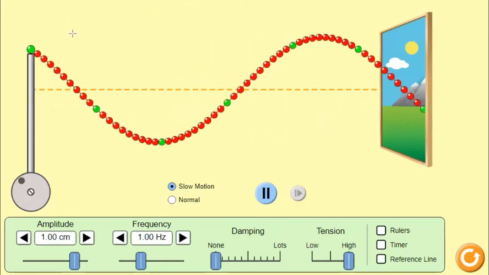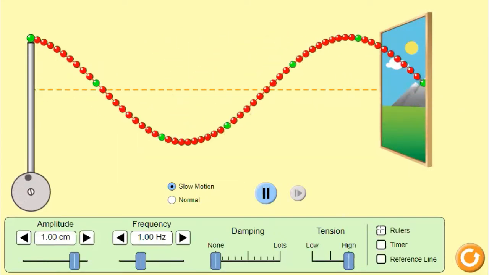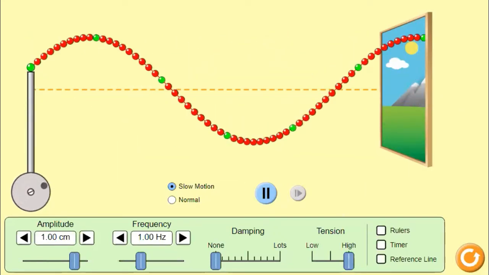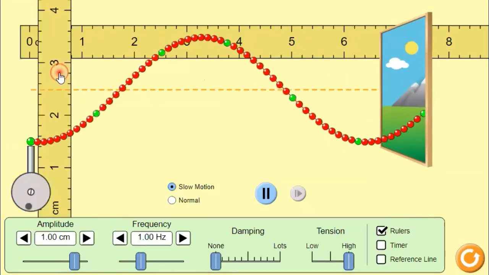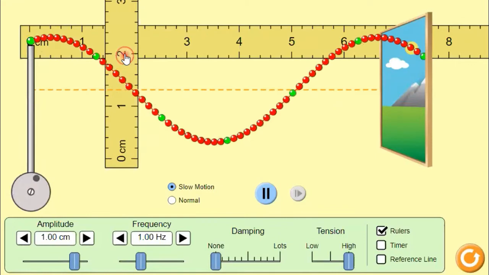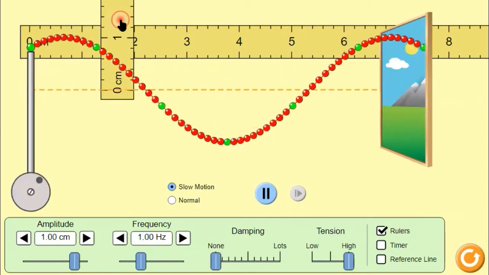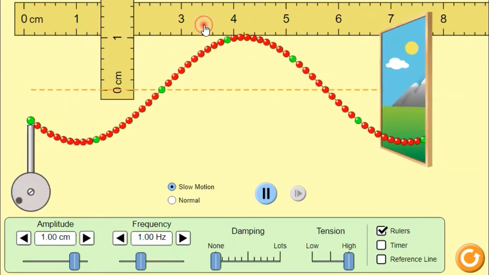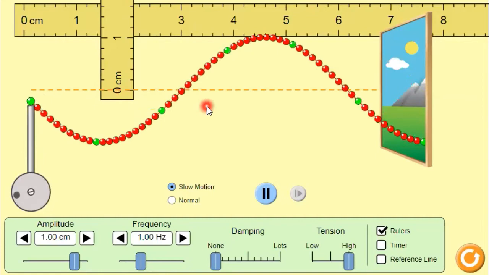What does it mean? So in order to measure the amplitude, we are going to take this ruler and I am going to fix the zero of this ruler at the mean position, and after 1 centimeter I am going to put another ruler.